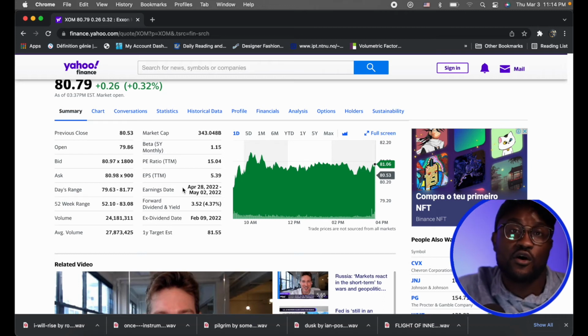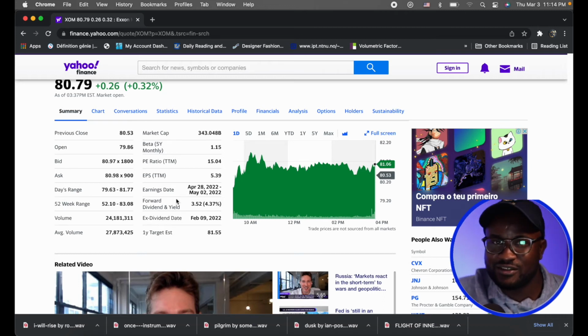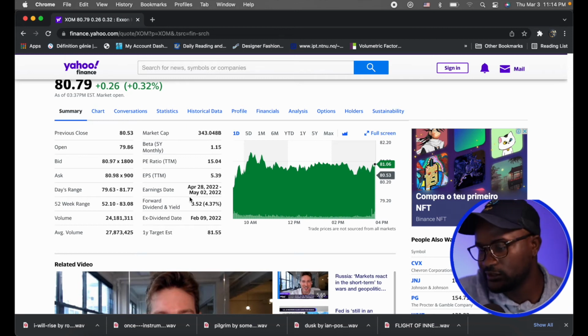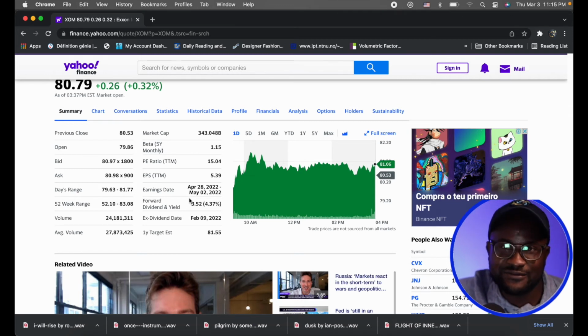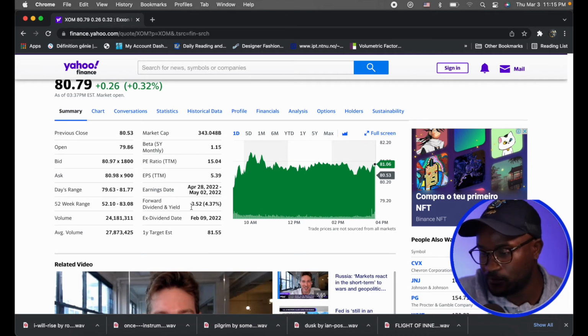But that's not always the case, of course. This is just what happens most of the time. Of course, if they don't beat the consensus, and they report negative numbers, that will affect the price in a negative way as well.